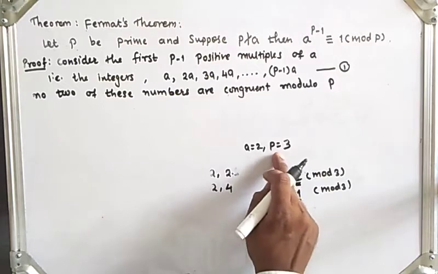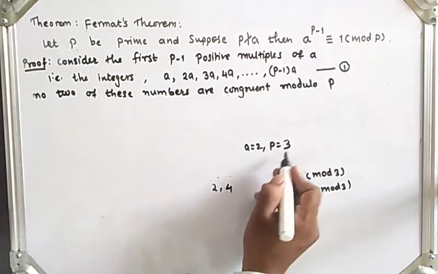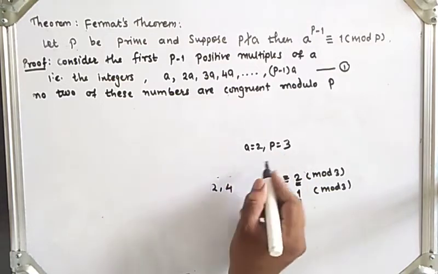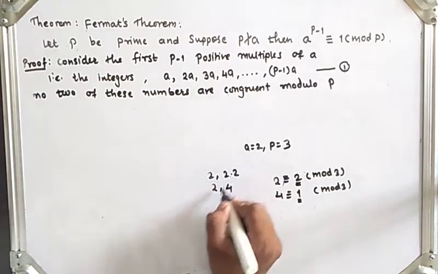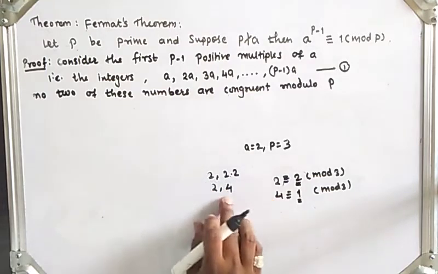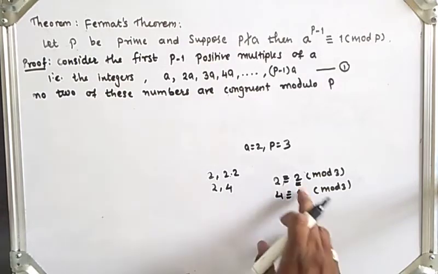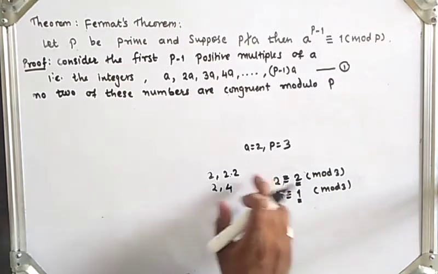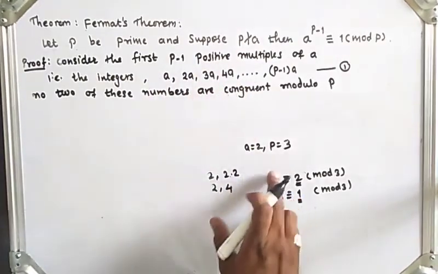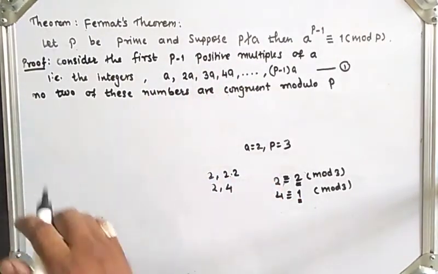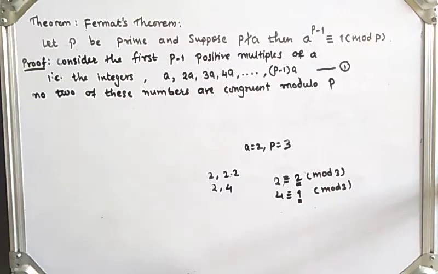So if I take p equal to 3, then the first p minus 1, which means 2 multiples of a, which are 2 and 2 into 2. So this is nothing but 2 and 4, which don't get the same remainder. If I got the same remainder, then I wouldn't get a sequence like this, right? So here no two of these numbers are congruent modulo p.